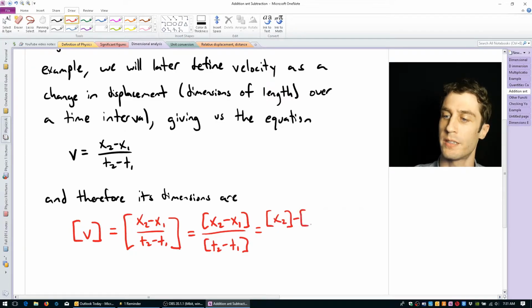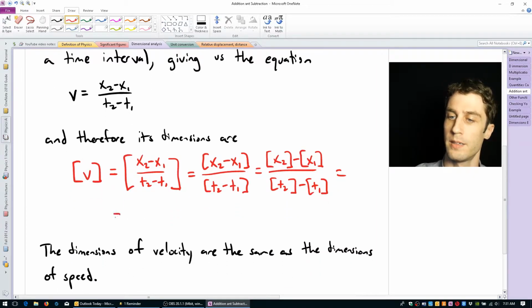Dimensions of x2 minus the dimensions of x1 divided by dimensions of t2 minus dimensions of t1. Let's put this on the next line here. Okay, here's where it gets tricky. We're going to substitute in: dimensions of x2 are a length, dimensions of x1 will be a length, so L minus L, divided by dimensions of t2 is time, and dimensions of t1 are time.